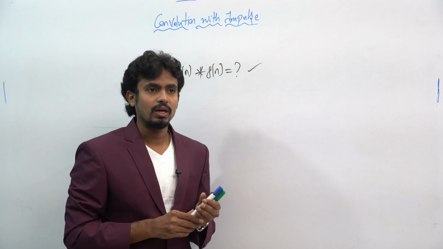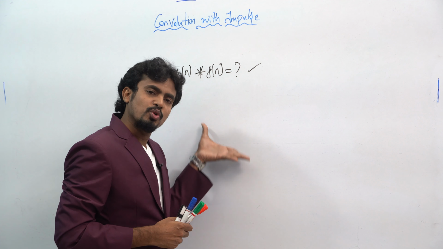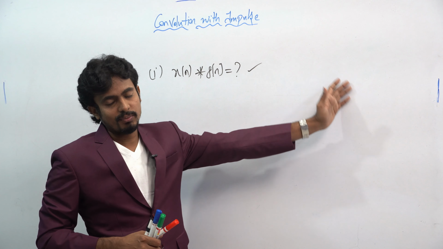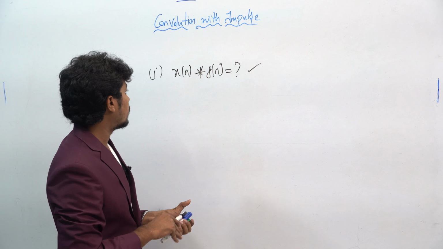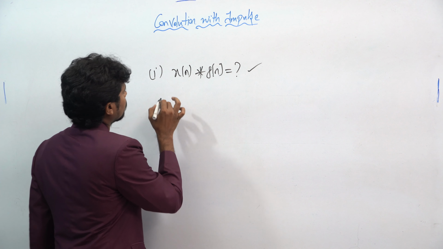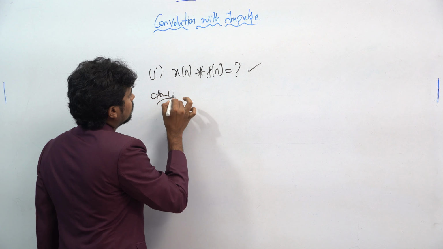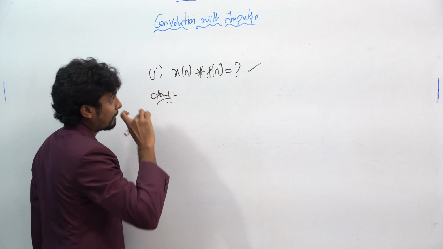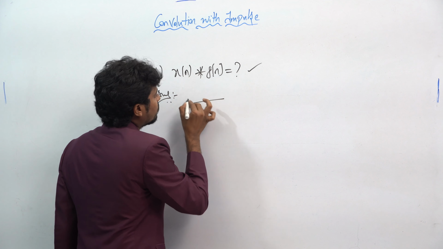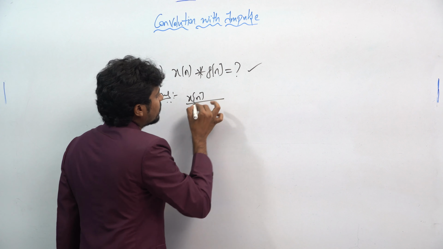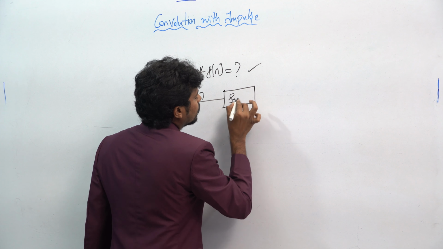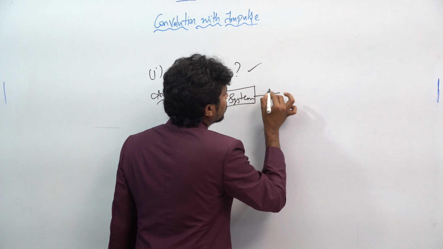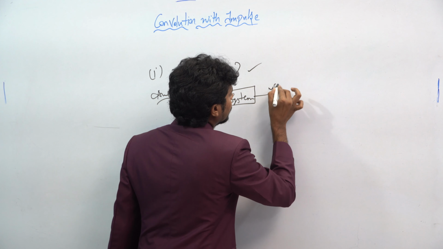First of all, we know the process; the remaining formulas will not be an issue. For example, if I give an input x of n to this system, we will get an output y of n.